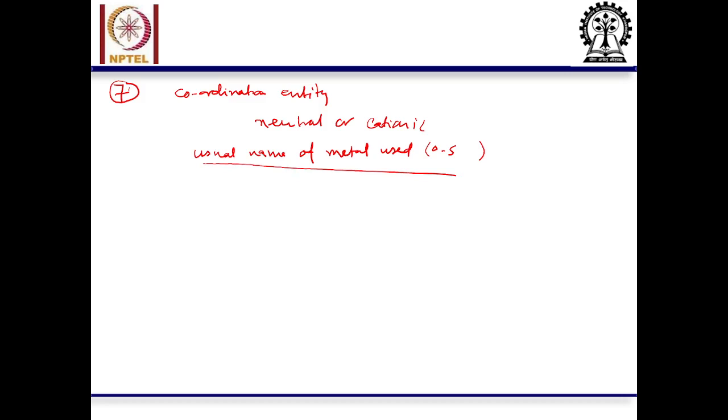Suppose we have iron; we will write iron with whatever oxidation state, whether it is 2 or 3. So we write iron(II), iron(III), if our coordination entity is neutral or cationic. This is rule number 7.